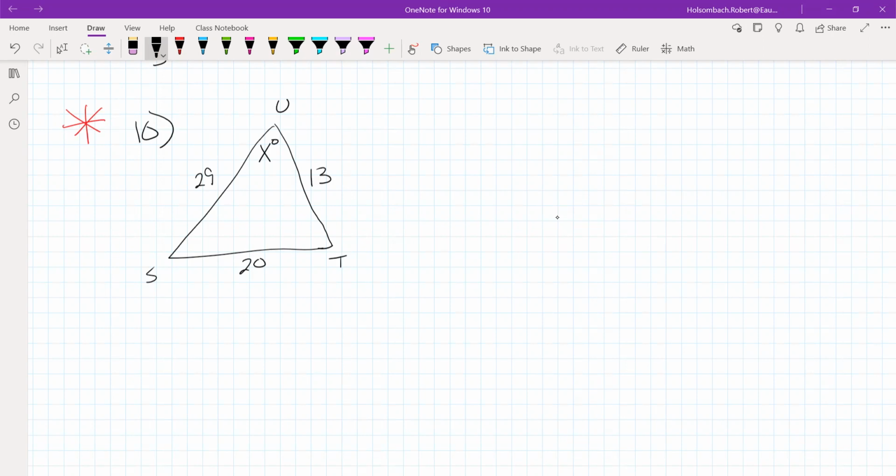So now we're starting off with 20 squared is equal to the two adjacent sides. 13 squared plus 29 squared minus 2 times 13 times 29 times cosine of X. So our 20 squared, 400, is equal to 13 squared plus 29 squared equals 1010 minus.